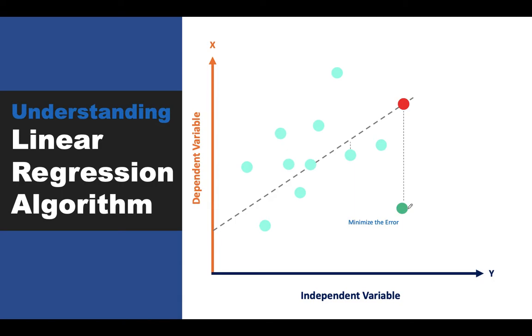So for every point, our main goal is to minimize the error, to bring these points as close as we could, so that we could minimize the error. You remember in the last class we did pair plotting, where we saw various graphs, like 4 by 4, 16 graphs, where we find a line that is very close to all the data points, right? So you minimize the error over there.